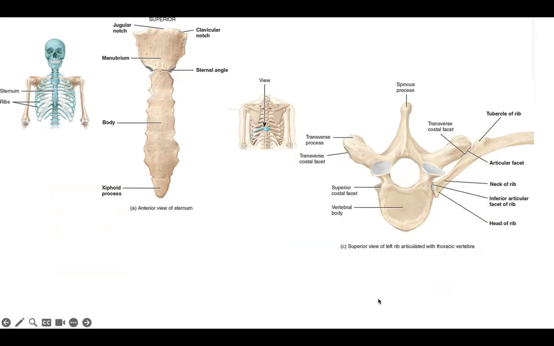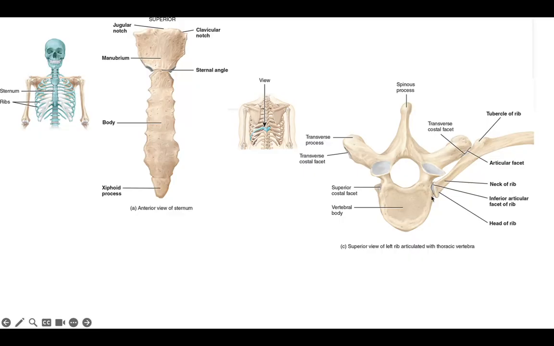I do want to point out over here on this side, if we're looking at the rib, you don't need to know these markings, but you can see here is a thoracic vertebra, and the ribs are going to articulate with it. There's an articular facet that's going to articulate with a transverse costal facet off of the transverse process on the thoracic vertebrae.